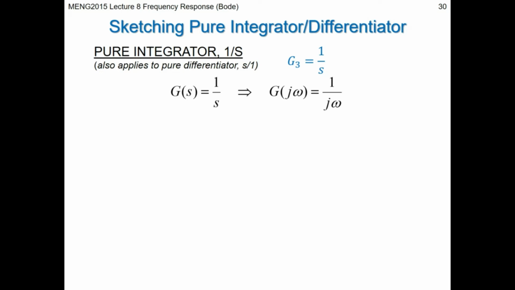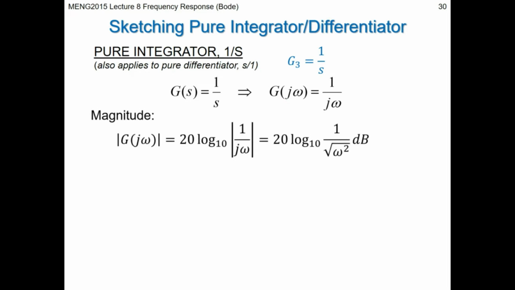So in this case, our transfer function goes from 1 upon s to 1 upon j omega. G equals 1 upon j omega, or G3, we could say, in this particular situation.